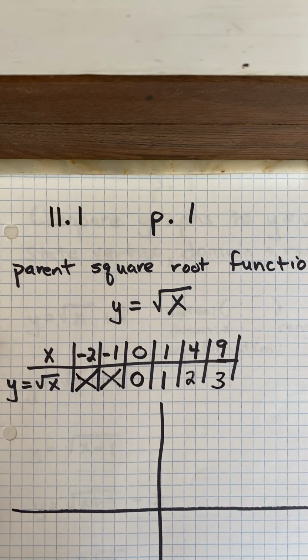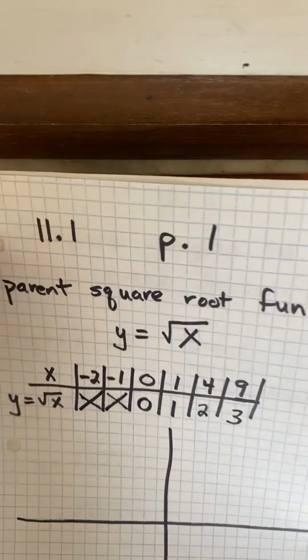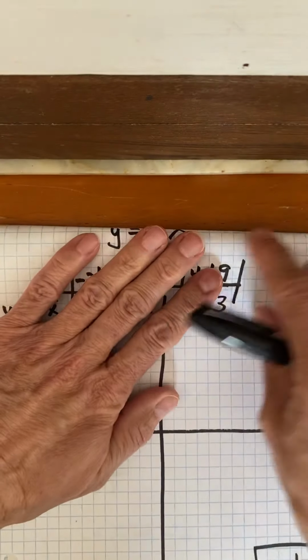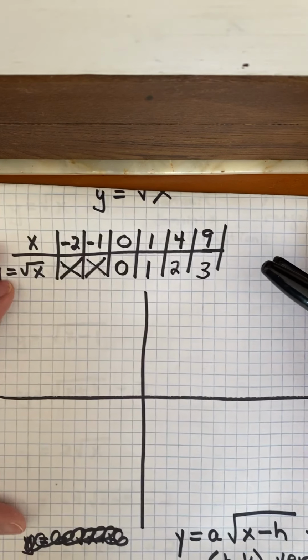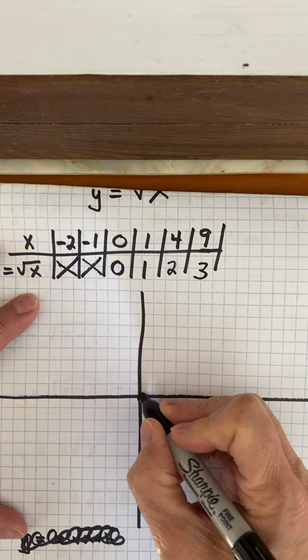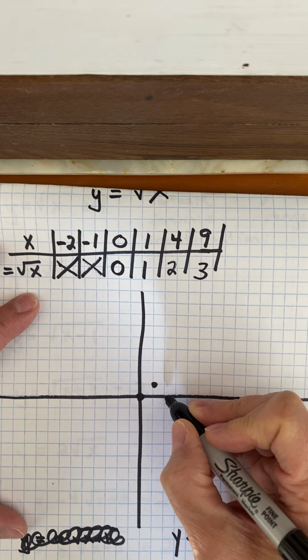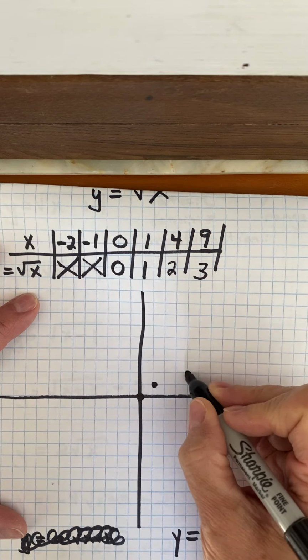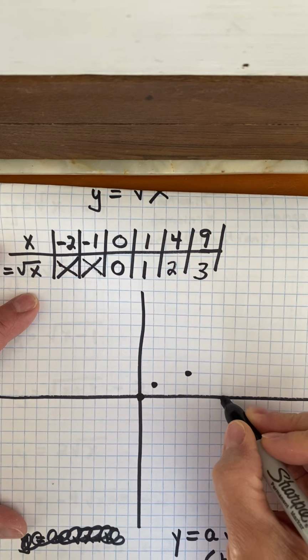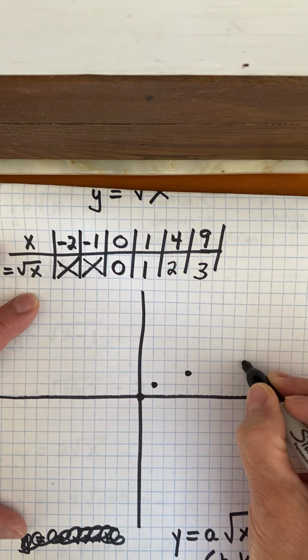So let's see what this looks like when I graph it. Now I'm going to graph (0, 0), (1, 1), (4, 2), (9, 3).